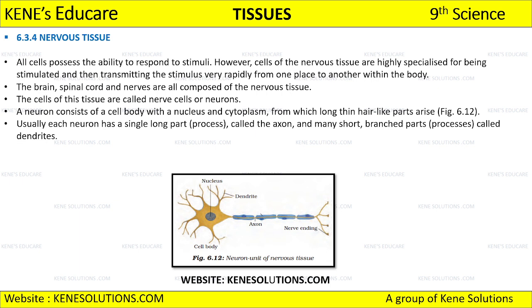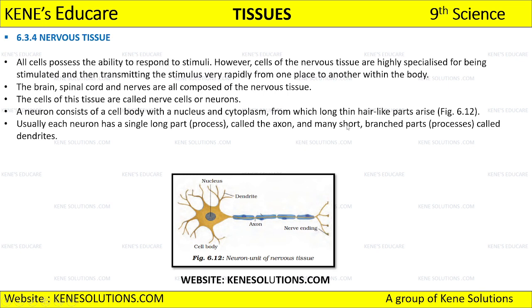They have these long thin hair-like parts which arise from them, and usually each neuron has a single long part or process which is called an axon. Can you see the small blue part which is connected? They are known as the axon, a long thread arising from the cell body and it ends near the nerve ending, right?